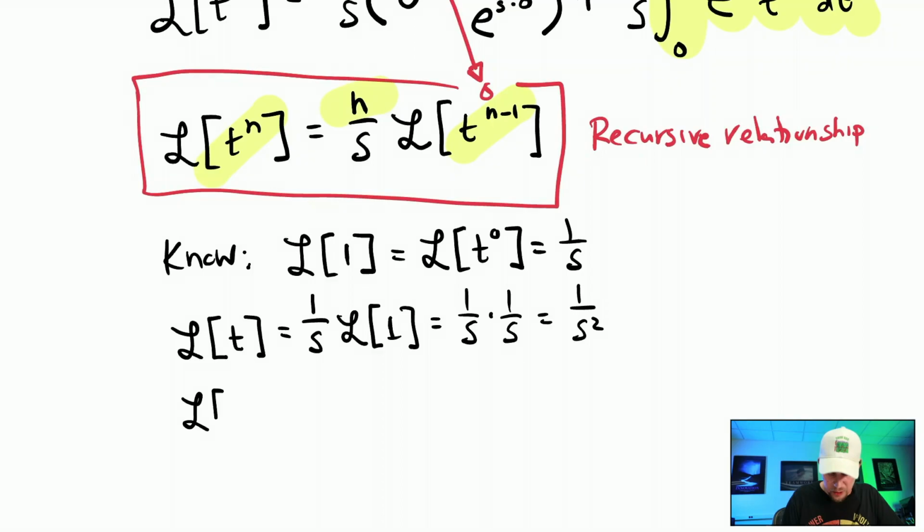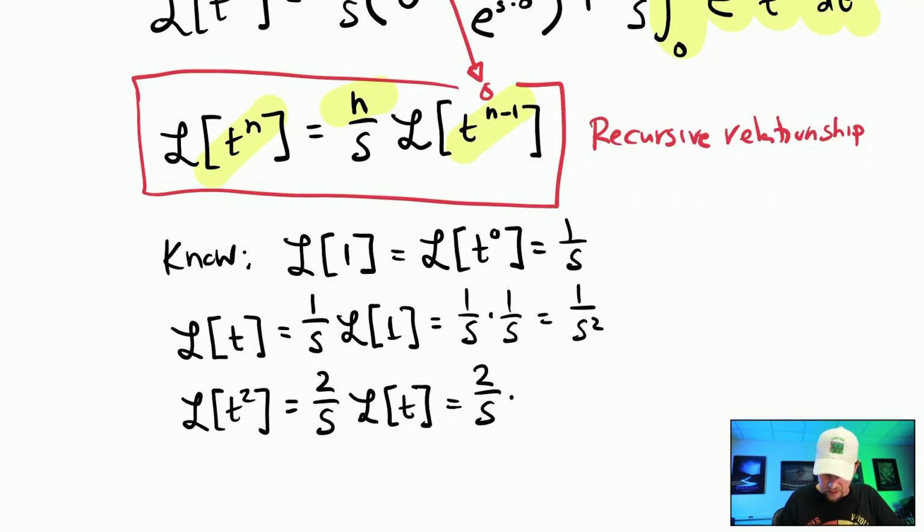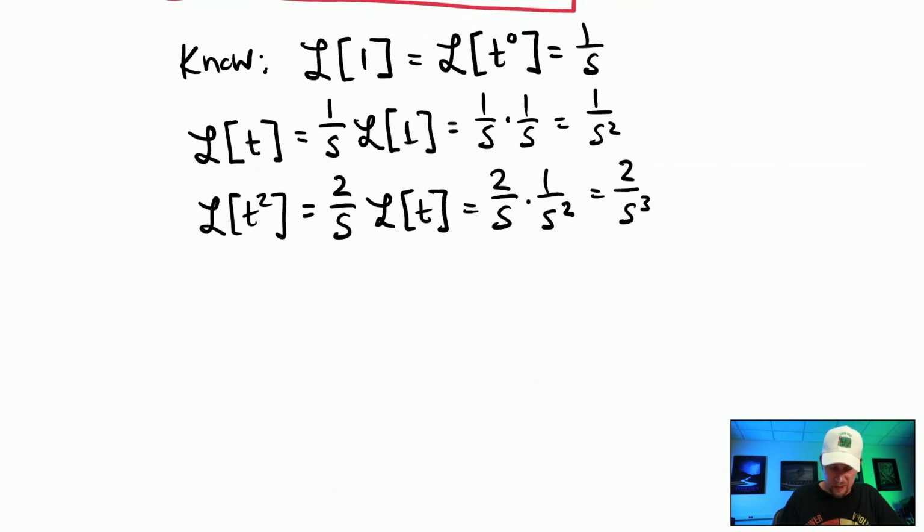If I wanted to find the Laplace transform of t squared, it would be 2 divided by s times the Laplace transform of t, but we just found that. So that is 2 over s times 1 over s squared, or that is 2 over s cubed.